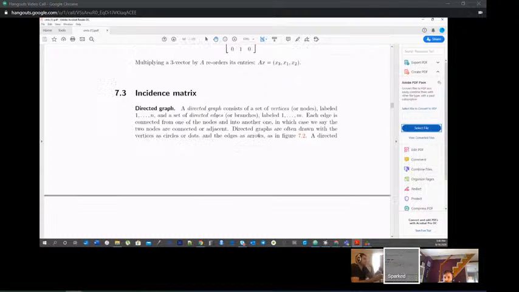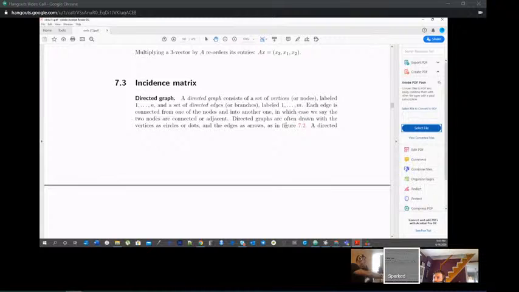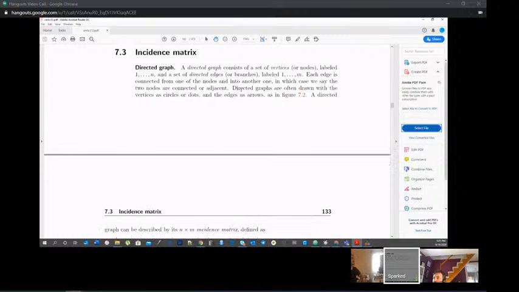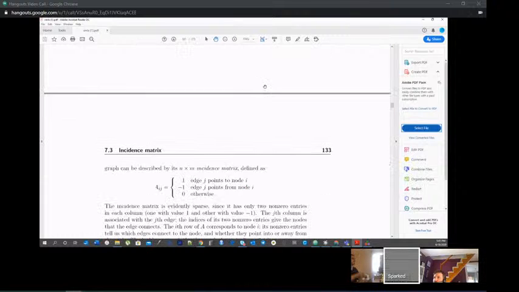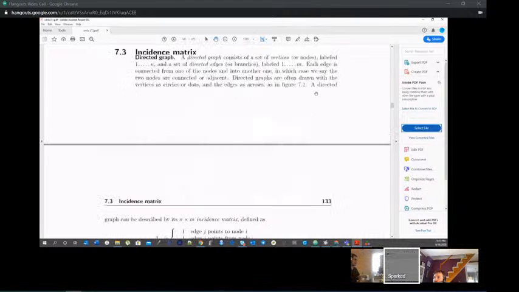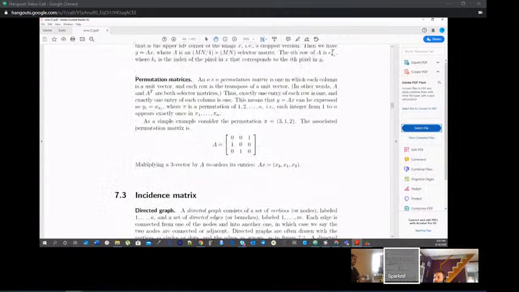Incidence matrix. A directed graph consists of a set of vertices labeled one to n. The incidence matrix is basically the same thing: you have nodes and edges, and each edge is connected from one node into another. The difference from the selector matrix is that this one has direction.